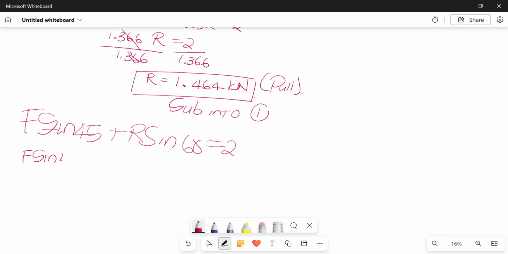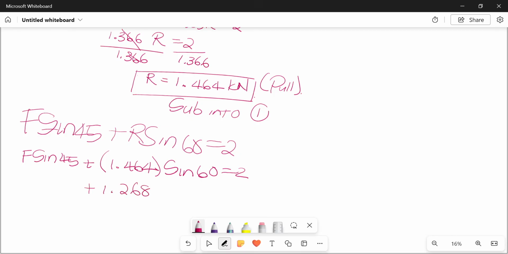F sine 45 plus 1.464 sine 60 is equal to 2. We already know this whole 1.464 sine 60 gives us 1.268. Then sine 45 on here, so 0.707F.